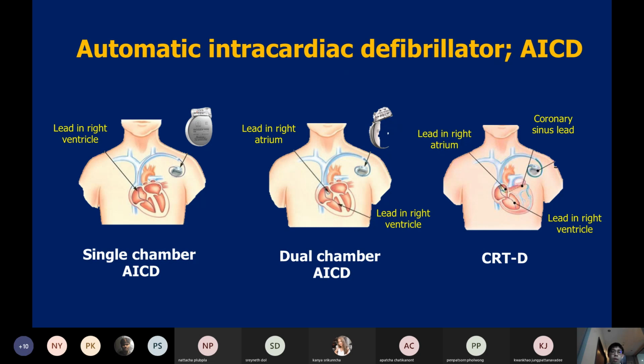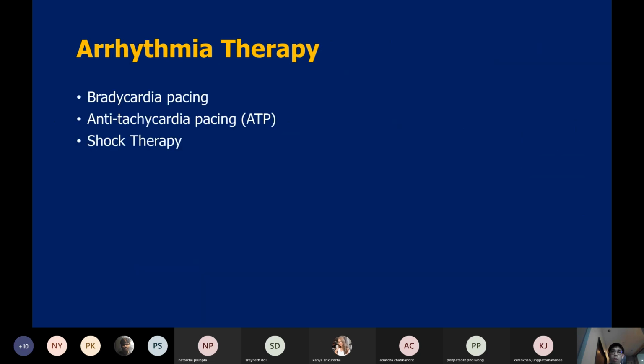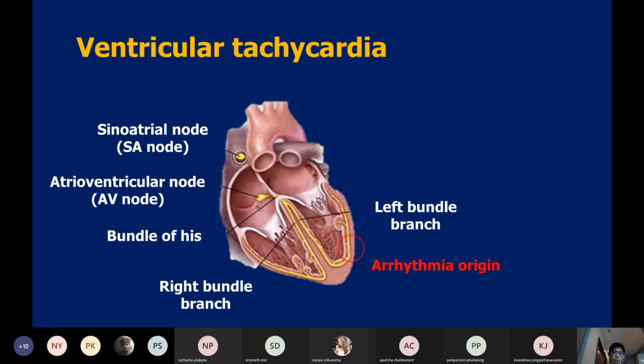The pacing function is the same as I lectured before in the last period on the permanent pacemaker. Now we are going to talk about the therapy of tachycardia as the main subject. There are 3 types of therapy in the ICD: the bradycardia pacing, which is the same as a permanent pacemaker; the anti-tachycardia pacing, or ATP; and the shock therapy.